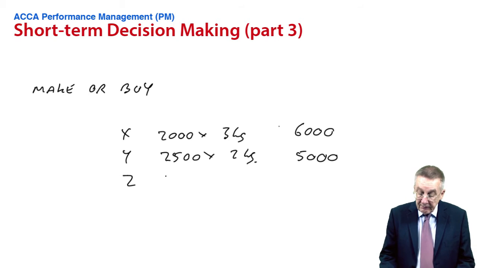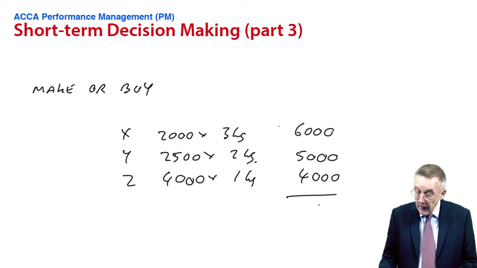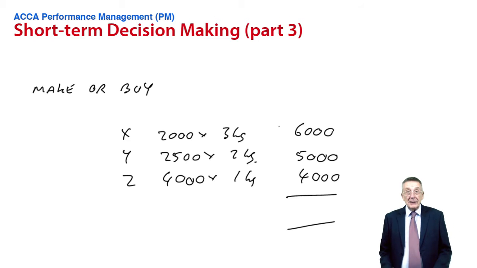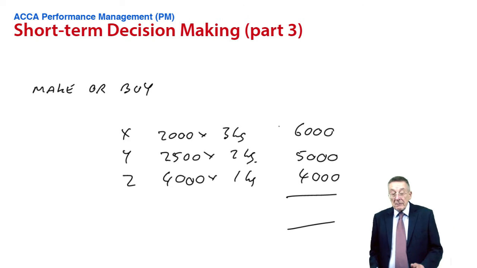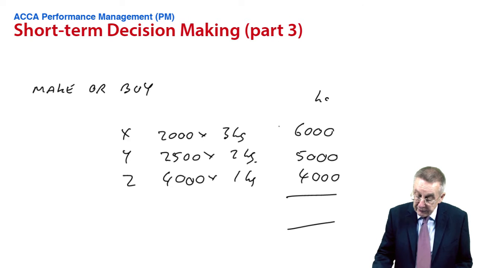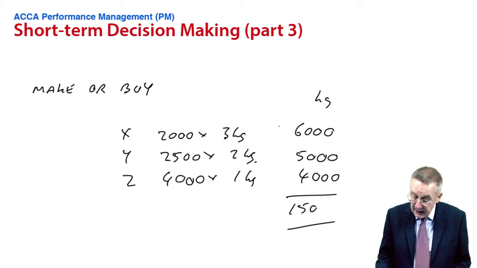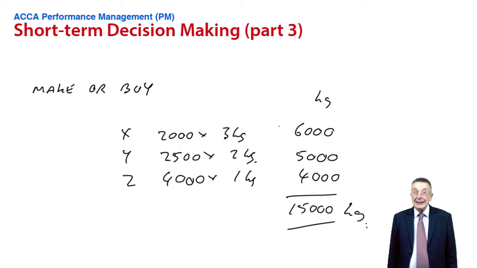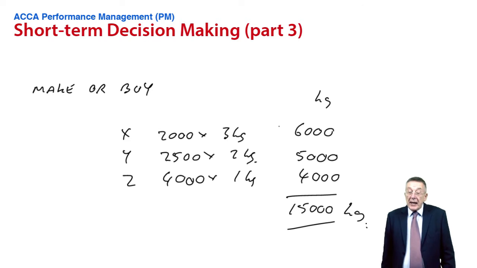And Z, 4,000 units at 1 kilo each, 4,000. To be able to produce to meet demand ourselves, we need a total of 15,000 kilos. And we've only got 8,000. And so we can't produce all ourselves.